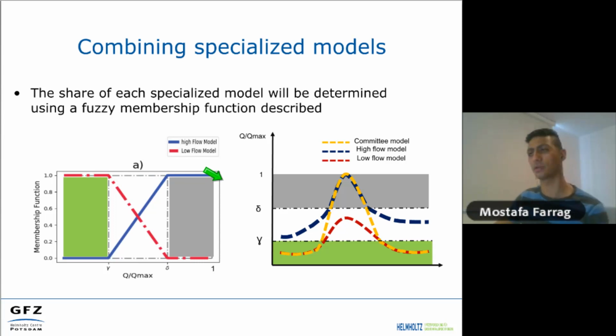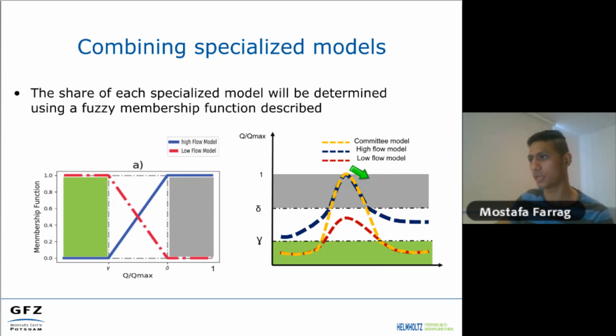We do this by using a membership function, here a trapezoidal function, where this is the low flow model and this is the high flow model. If the discharge is lower than a certain value, the low flow model has the whole weight. If the discharge is higher than a certain value, the high flow model has the whole weight.